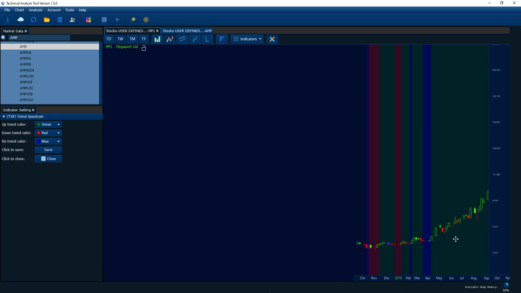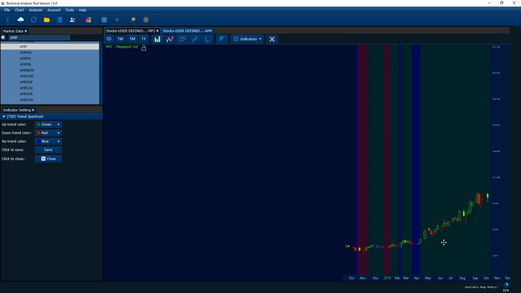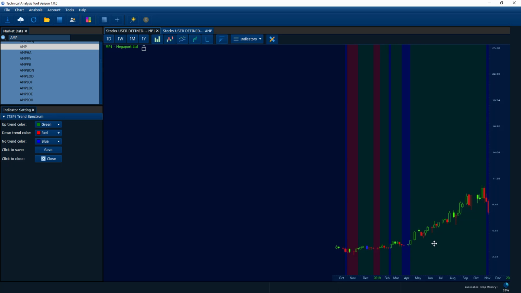But if you see the green color suddenly turn into red from this red bar, maybe you can't see clearly, but this bar stops that continuation green area. You've got to be careful when you see this happening.